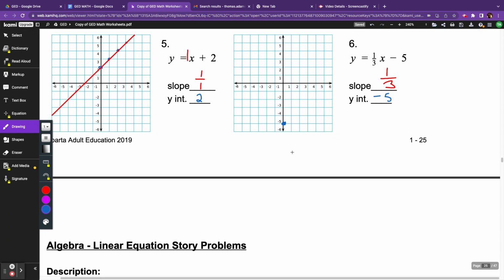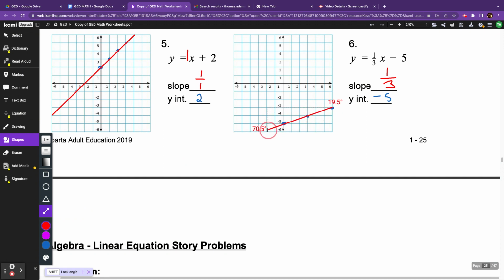Yeah, on the y-axis, then what? And then you will go up 1 over 3. And you draw a line through those. And that's it. Pretty sneaky, sis.